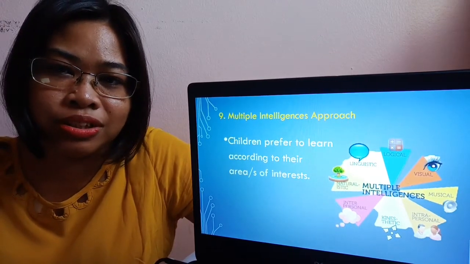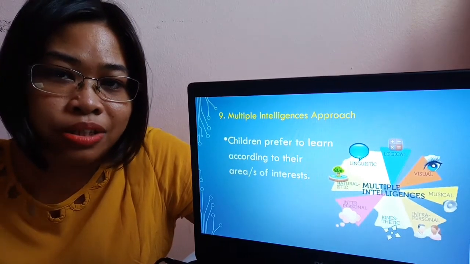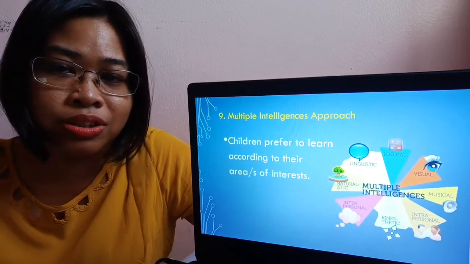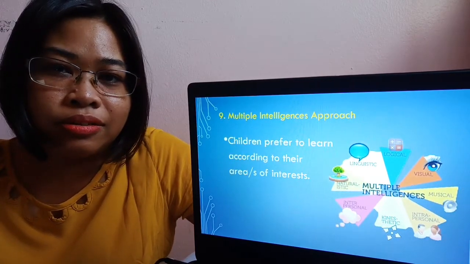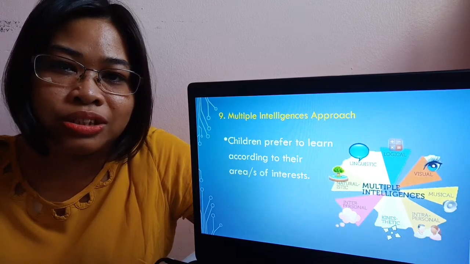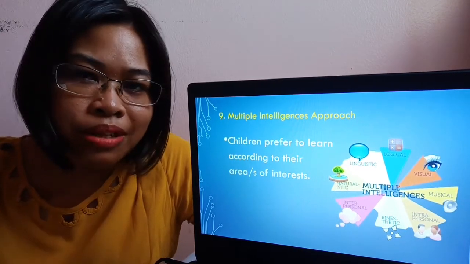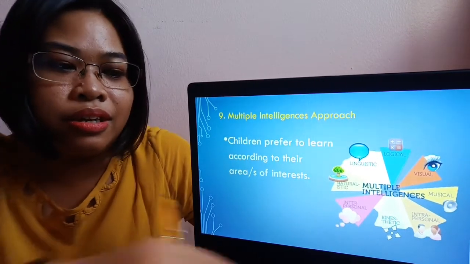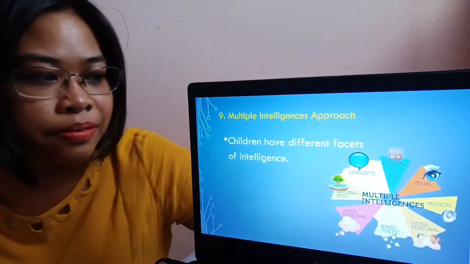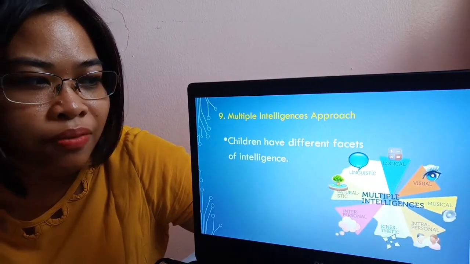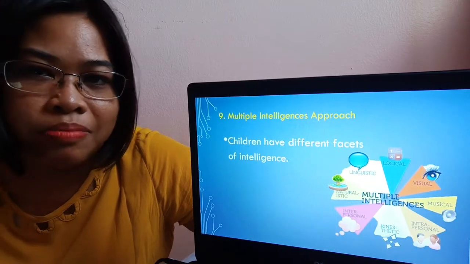Maybe they're interested in numbers, some are interested in words, or some are interested in solving problems, and others. Children also have different facets of intelligence.